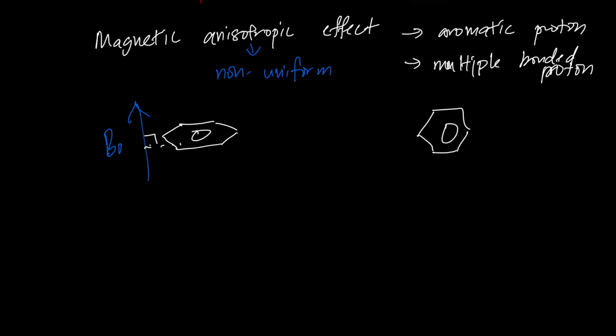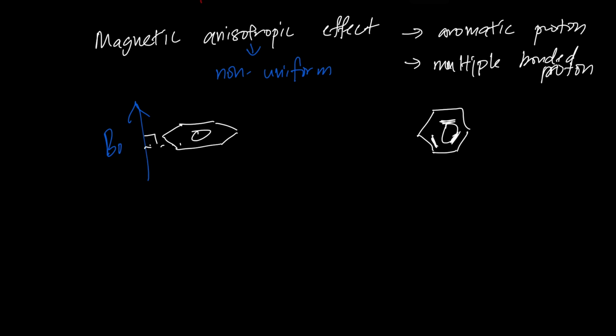Under this arrangement, the pi electrons in the aromatic ring, remember you have double bonds here, you have pi electrons, and they are free to move.